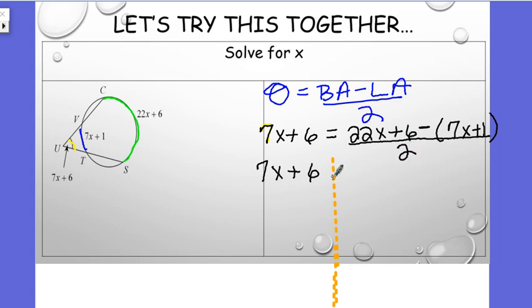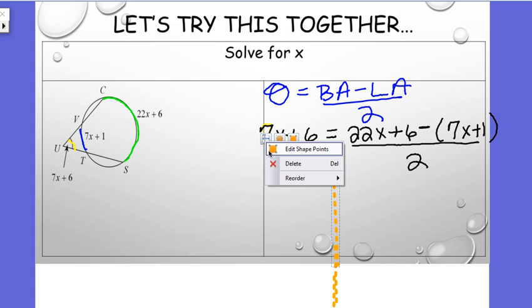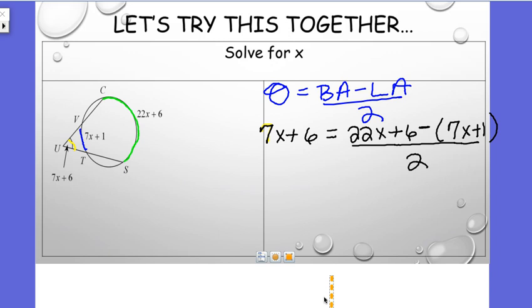We're going to use our rule. I am going to put the 2 here because that's the rule, and I'm going to get rid of that fraction to start with so that I can make my life easier when I do the math.